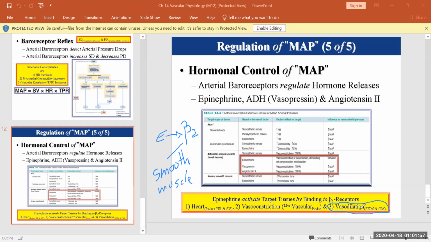The only way to do that is increase blood flow, and to increase blood flow, you need the blood vessel to dilate. That's exactly what happens. Epinephrine activates beta 2, and the blood vessels dilate, only those perfusing skeletal muscle and cardiac muscle. And obviously also the brain needs blood perfusion as well. So that's beta 1 and beta 2.